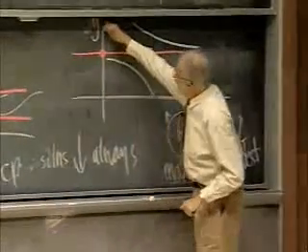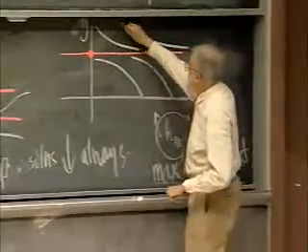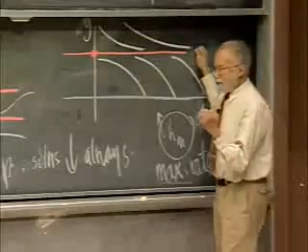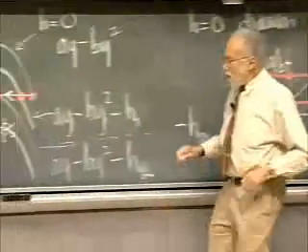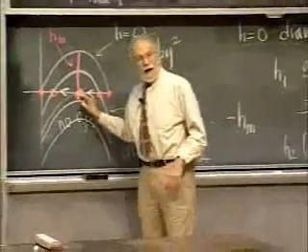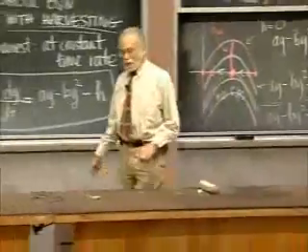As long as you start above and don't harvest at more than this rate, you'll be following these curves, and you'll still have salmon. If you harvest just a little bit more, you'll be on this curve, and it has no critical points, and the salmon in the tank will decrease to zero.